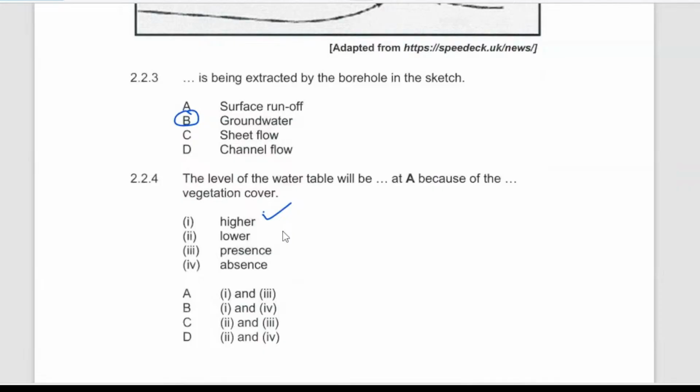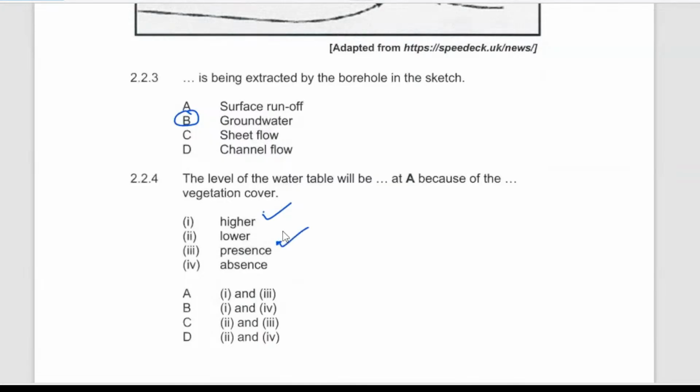That will result in the upliftment of the upper zone of saturation of groundwater, which is our water table. So it's going to be higher because of the facilitation of infiltration by the presence of vegetation in that area.